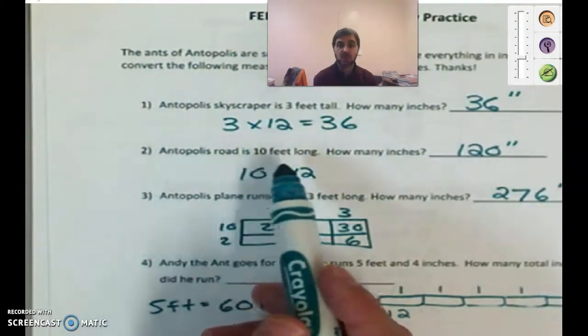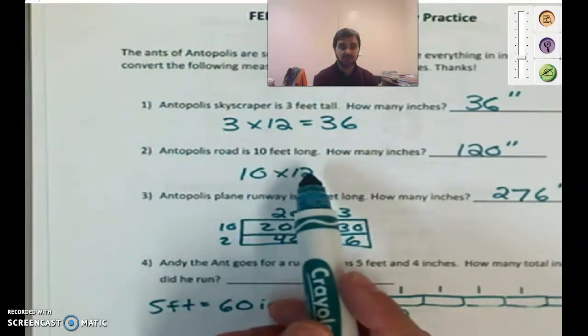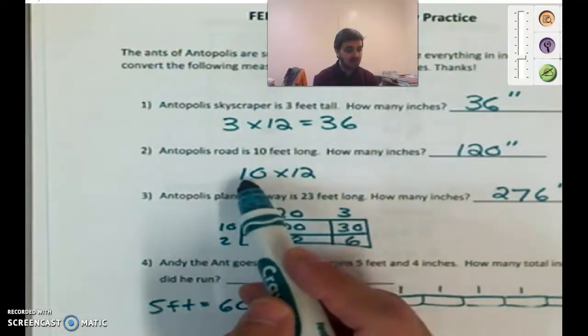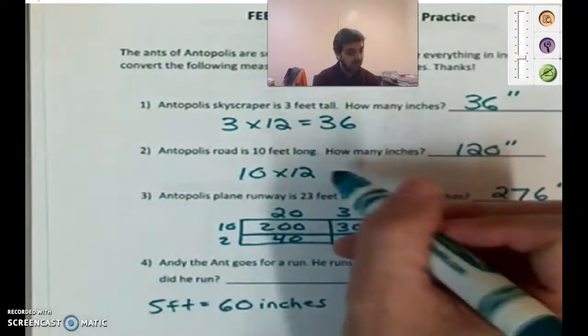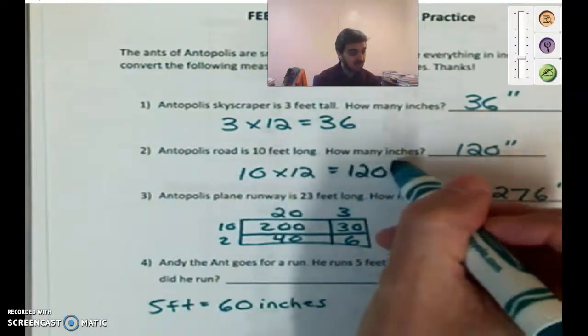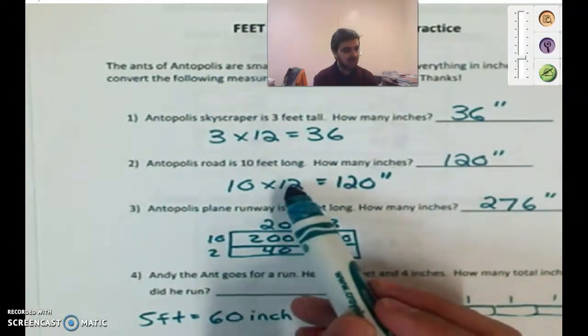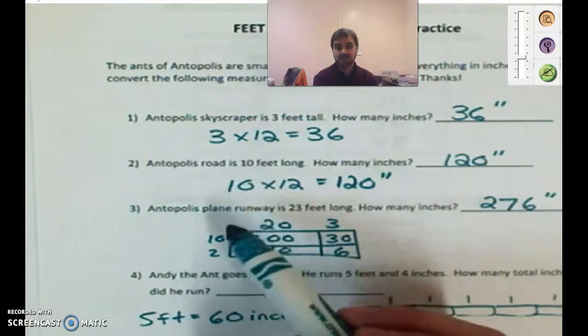And if they have a road that's 10 feet long, that would be 10 times 12, right? You could think of this as 12 times 10, which will give you 12 tens, and 12 tens gives you 120, all right? Oftentimes we think of 12 times 1 is 12, and then you've got another 0 because that's in the tens place.